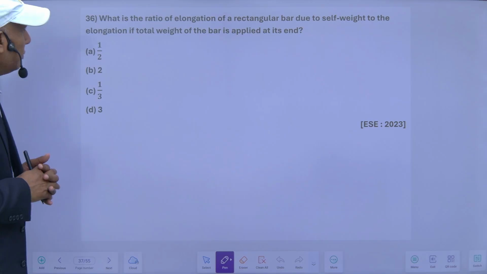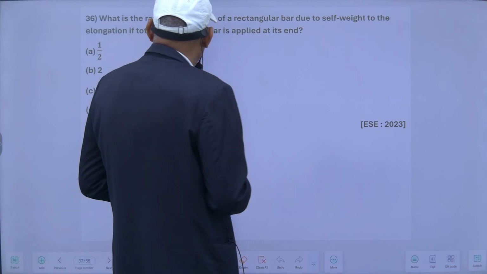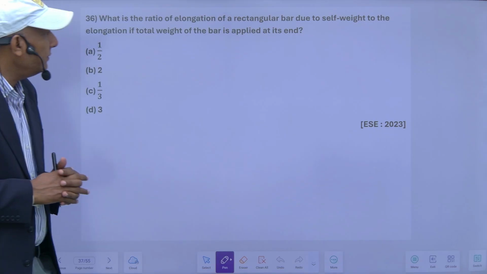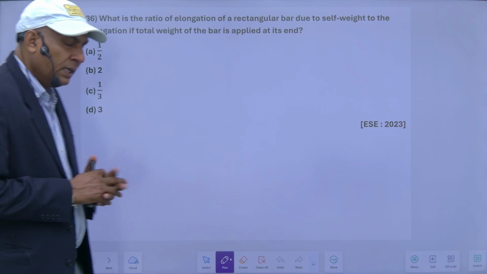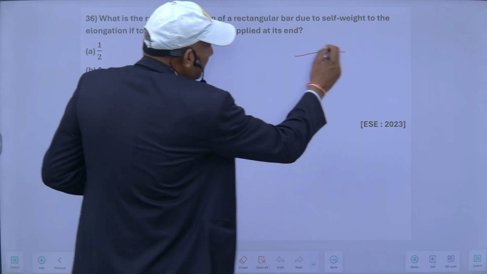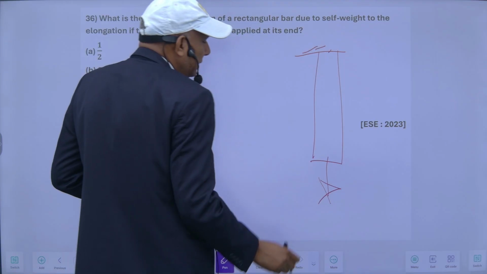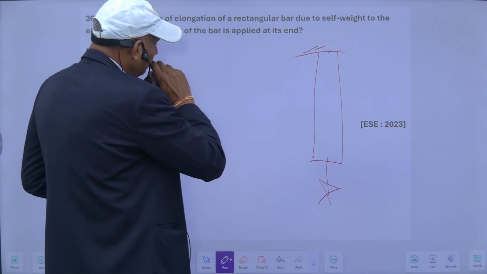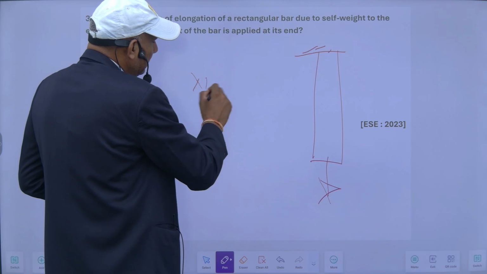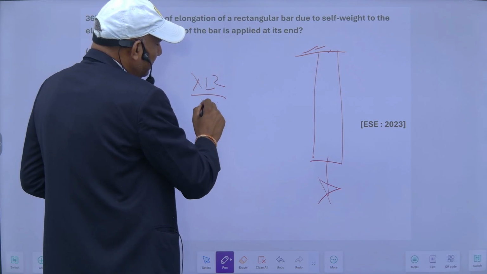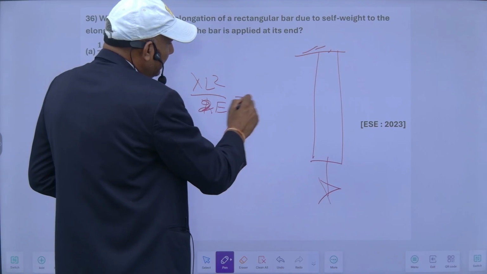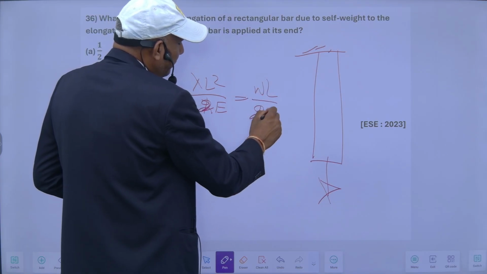What is the ratio of the elongation of a rectangular bar due to its self weight to the elongation if the total weight of the bar is applied at its end? As I have mentioned, suppose this is my bar, and due to its self weight, the elongation is equal to delta L square upon 2E, or you can say WL upon 2AE.